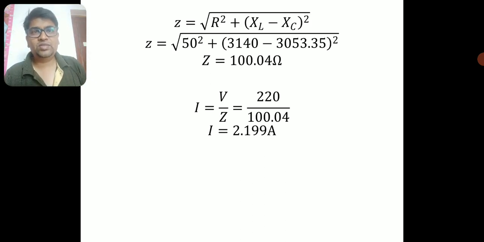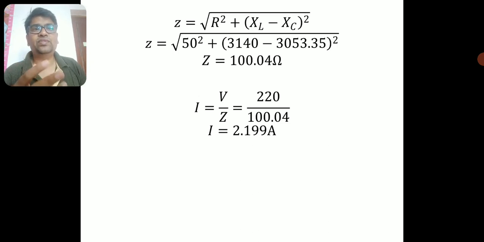But in the last problem, I took the impedance as resistance only, because I was told to calculate the impedance at the resonant frequency. That is why I took Z equals R in the last problem. Whereas in this particular problem, they have asked me to calculate the impedance at the given frequency of 50 Hz. So now I am doing this.